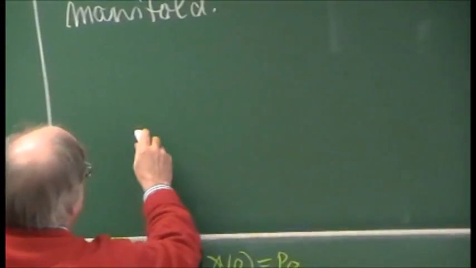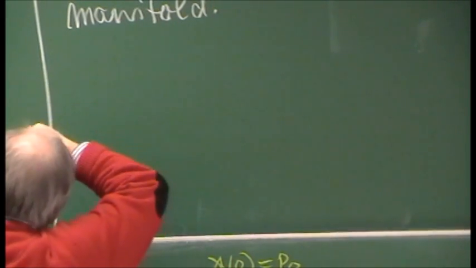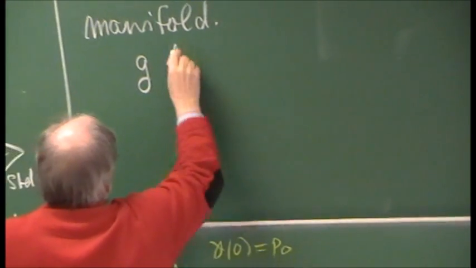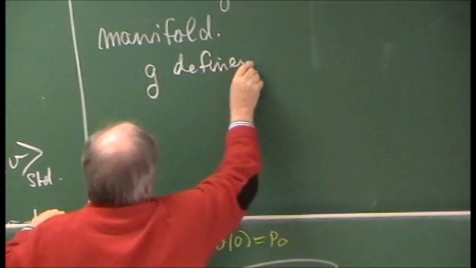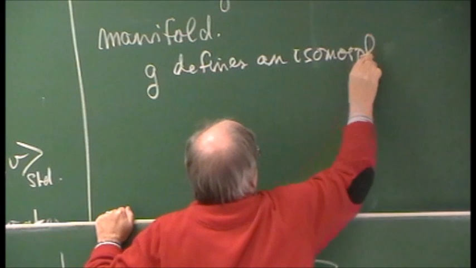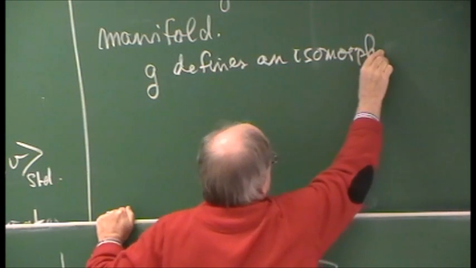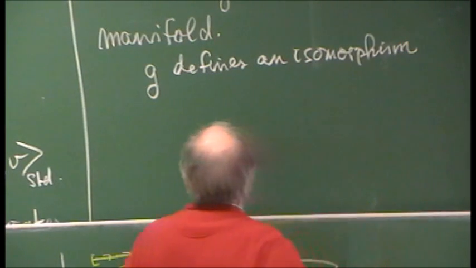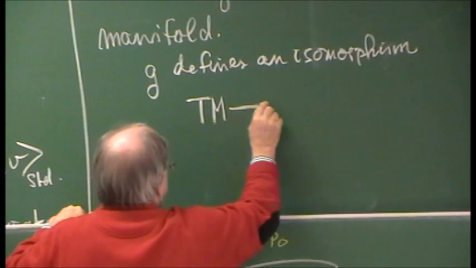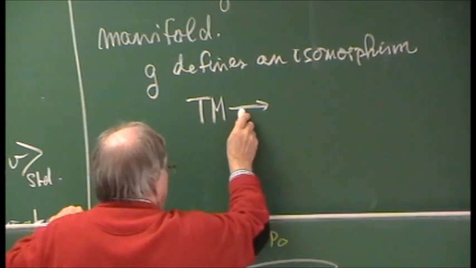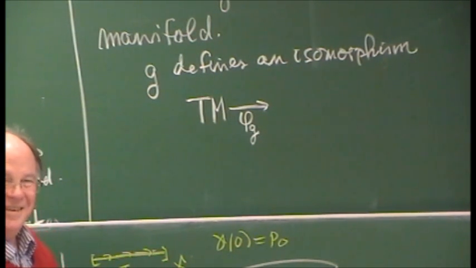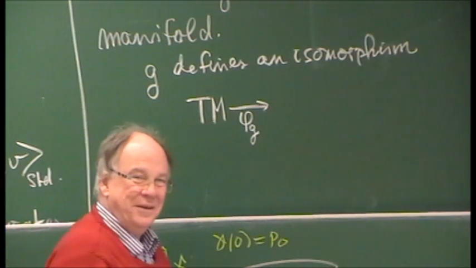Linear algebra minus 1 says that if you have a non-degenerate bilinear form, so g defines an isomorphism from the tangent bundle of M. Let me call this isomorphism phi G. But this is an isomorphism.